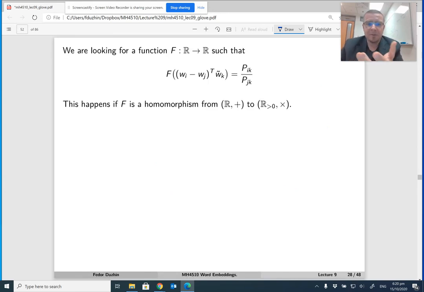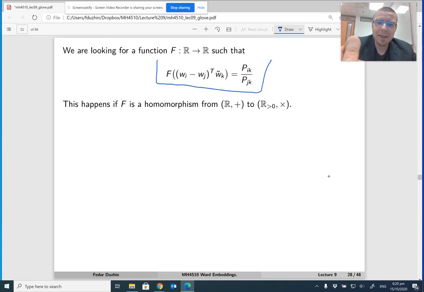So this nice property is going to automatically happen if f is a homomorphism from the group of all real numbers with the addition operation to the group of positive real numbers with the multiplication operation.